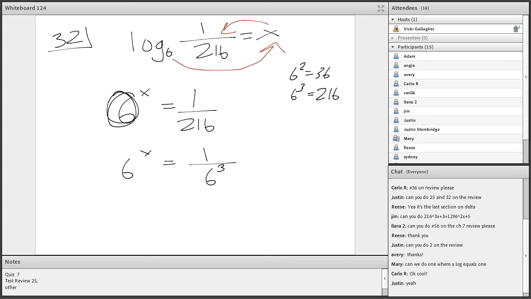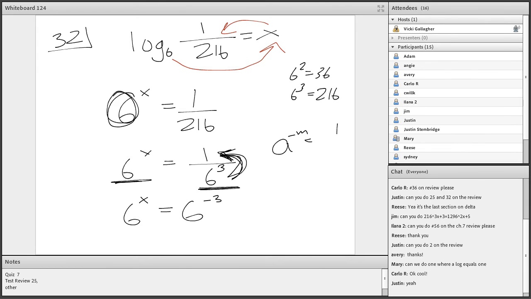Okay, now the bigger problem here is this side is a whole number and this side is a fraction, and we don't want that to happen. So I want them both to be whole numbers, and to make a base move to the other side of a fraction bar, we need to make the exponent negative. So that was one of our rules for exponents.